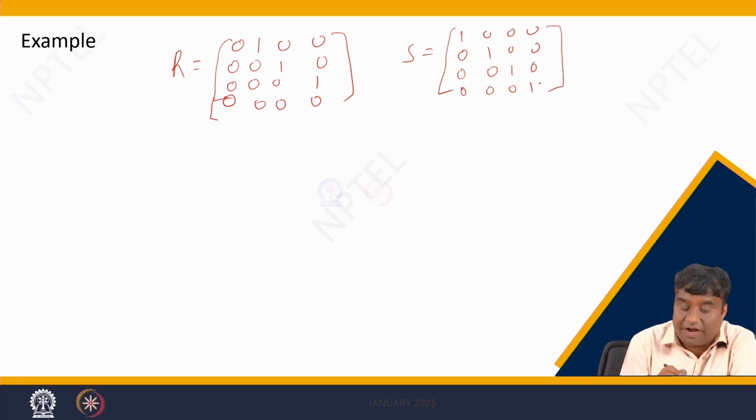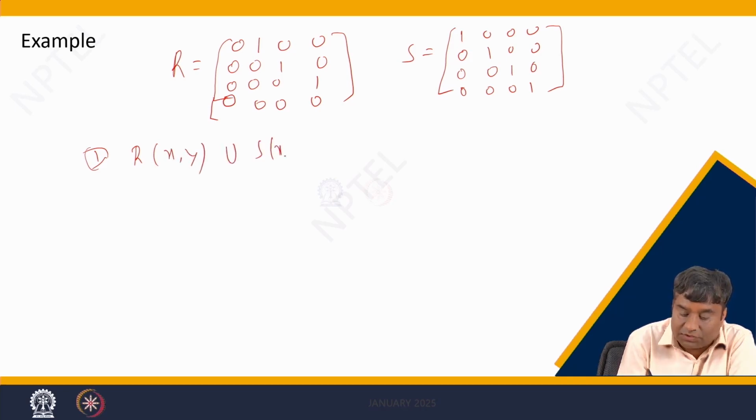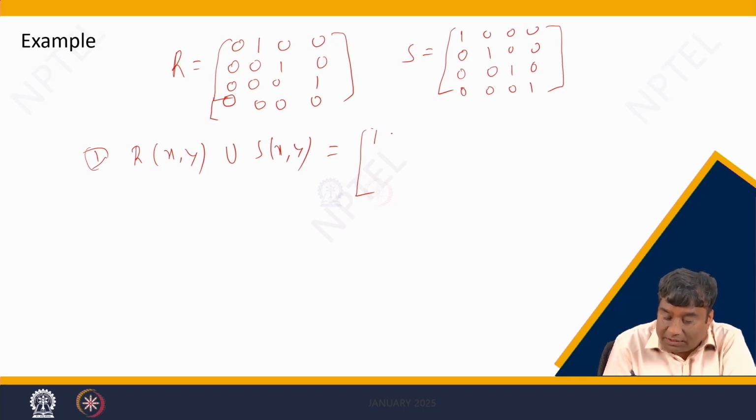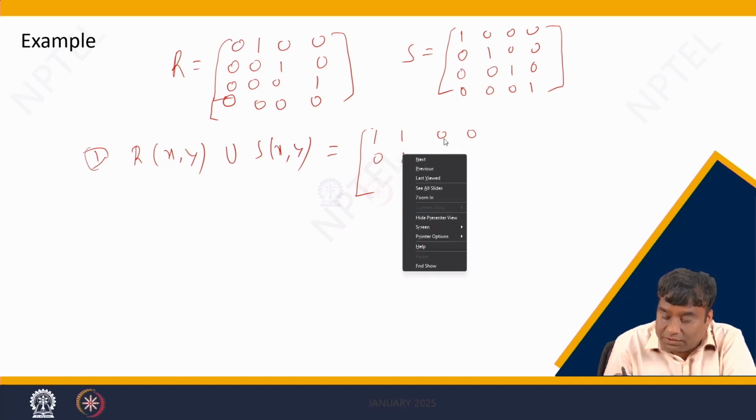So try to find the union of these two relations, R(x,y) union S(x,y). So take the maximum of the elements. First is 0, 1, so that should be 1. Second, maximum is 1. These two are 0. This is 0. This is 1.